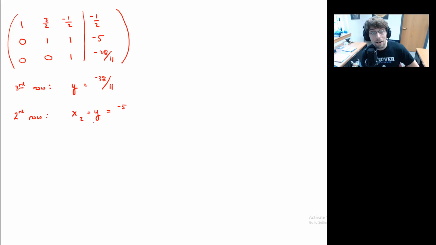But we now have the value of y, so we can substitute that in, right? We can take the value from the third row and substitute it in. So this is that back substitution piece. So we get something that says x2 is equal to negative 5 plus 38 over 11.